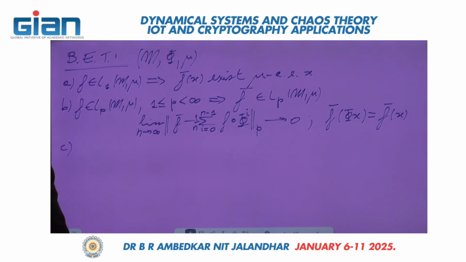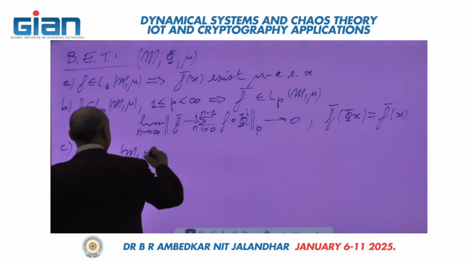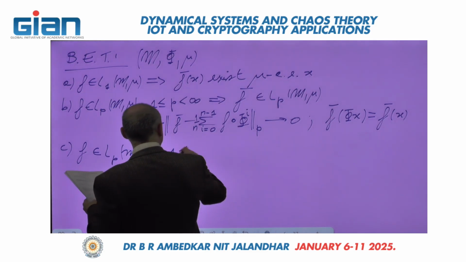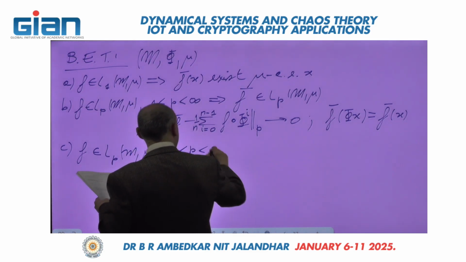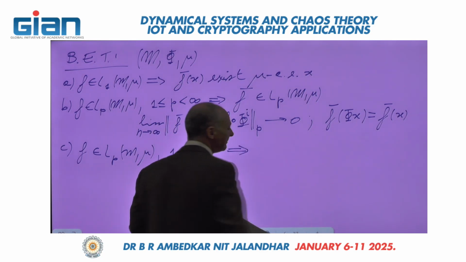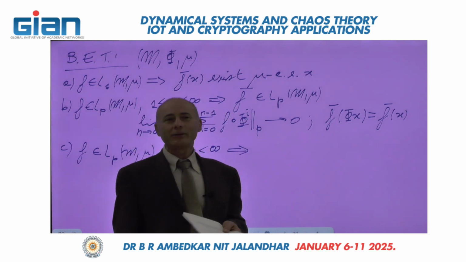C, if f is in Lp of M and mu, always with 1 less or equal than p less than infinity, then unfortunately what you can prove is not good enough.